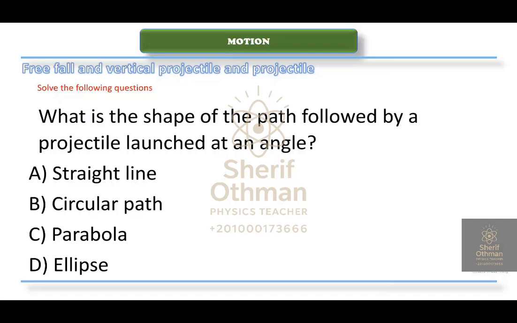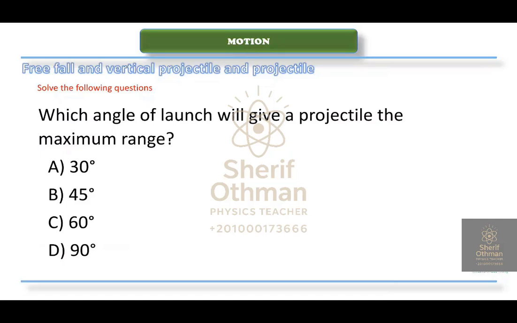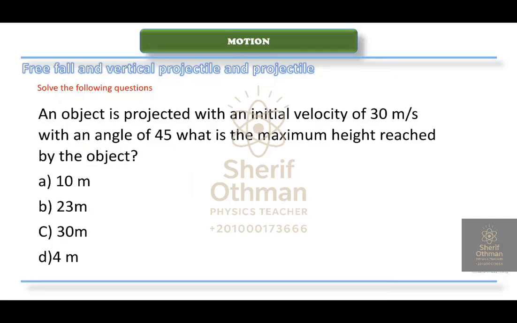It's a parabola. Which angle of launch will give a projectile the maximum range? The maximum range depends on 45. 45 is the angle which gives the projectile the maximum range, horizontal distance.